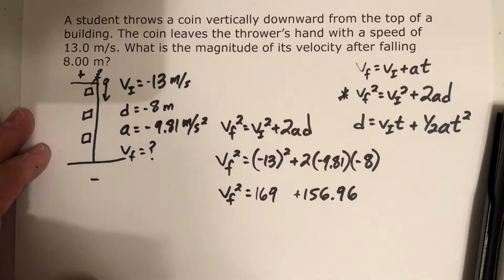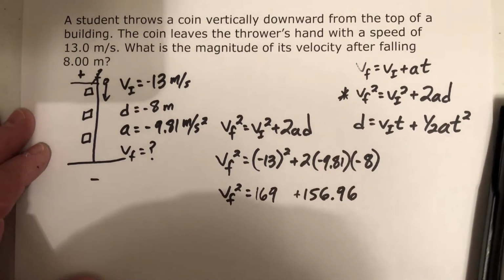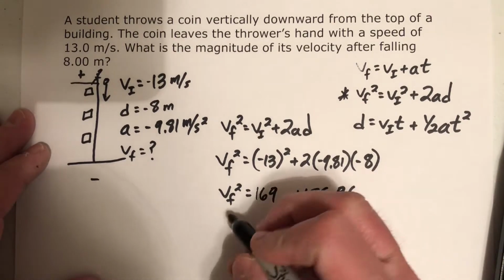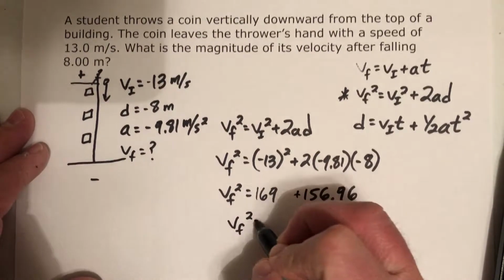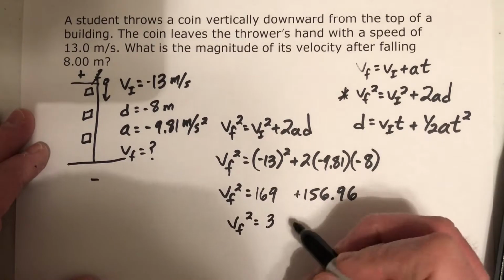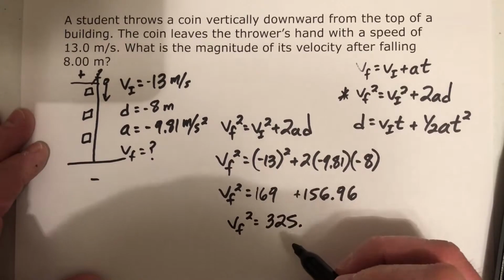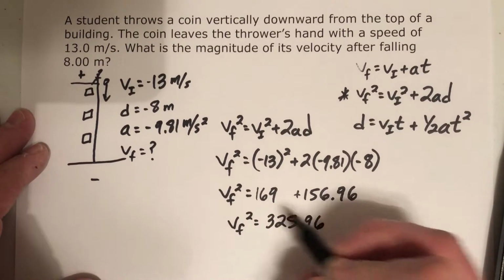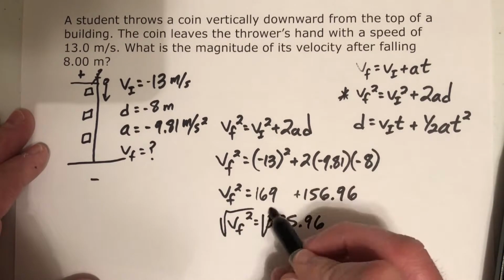We add those two together and we get VF squared equals 325.96. We take the square root of both sides to get rid of the square.